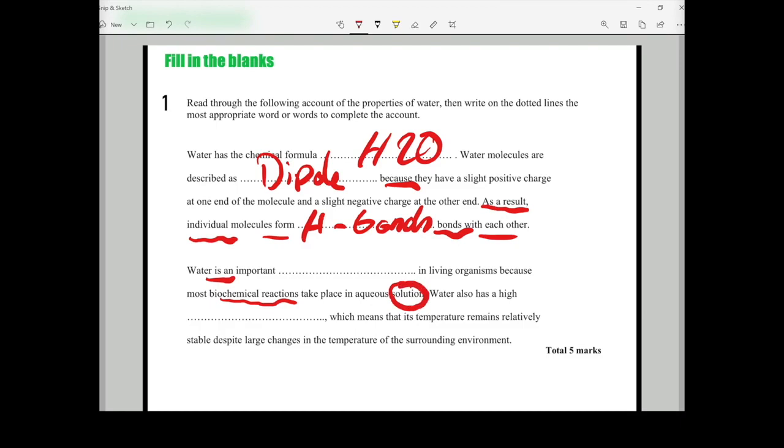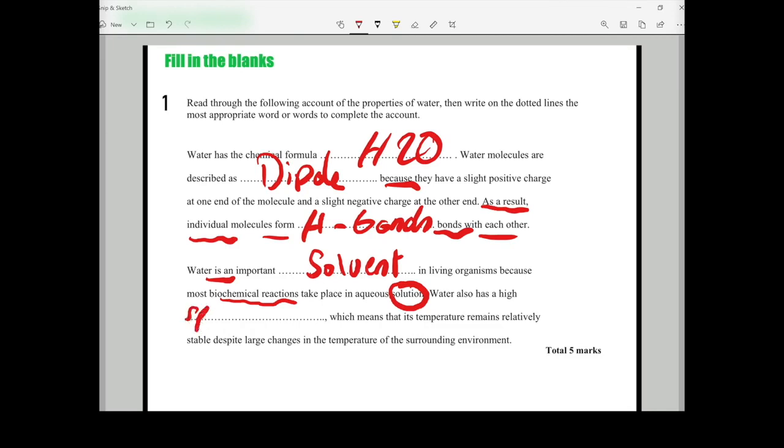So we say it's an important solvent. Water also has a high, which means that its temperature remains relatively stable despite large changes of temperature in the surrounding environment. So I'm going to have to say here specific heat capacity.